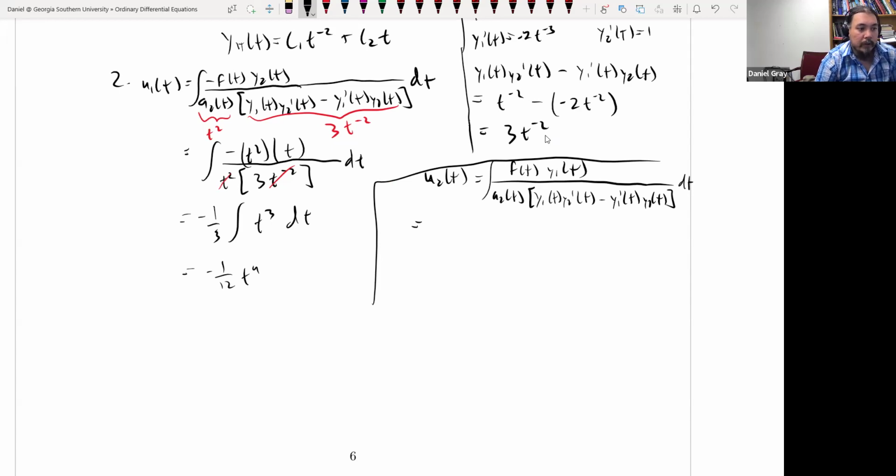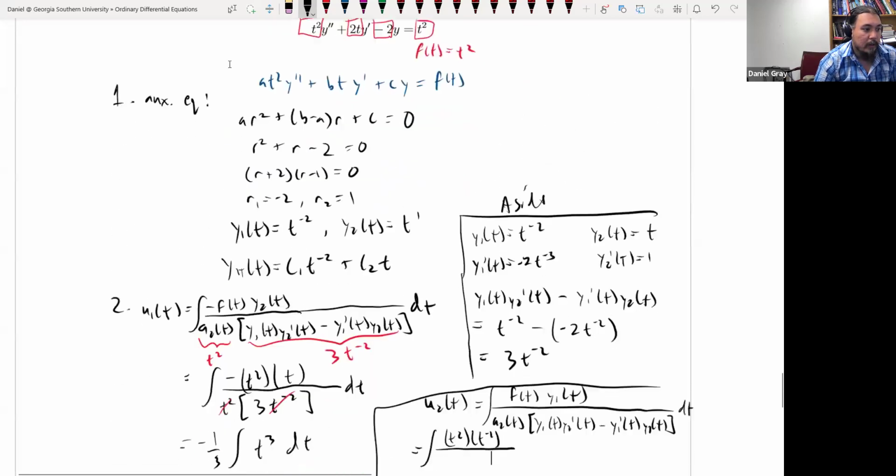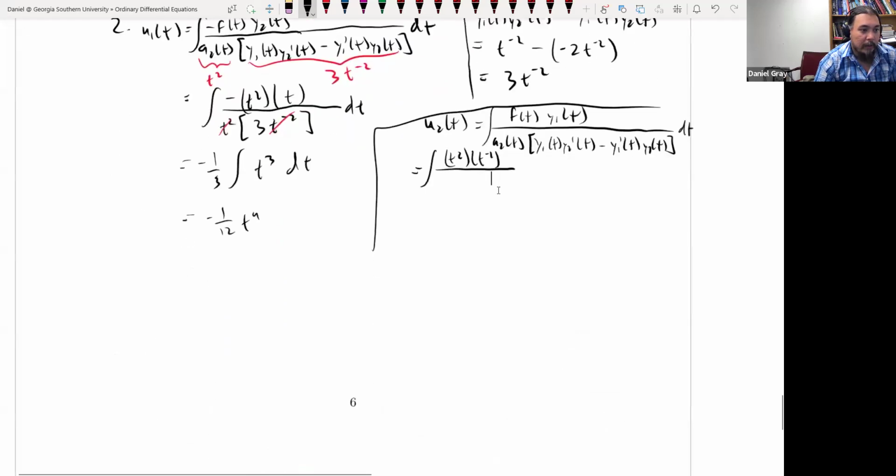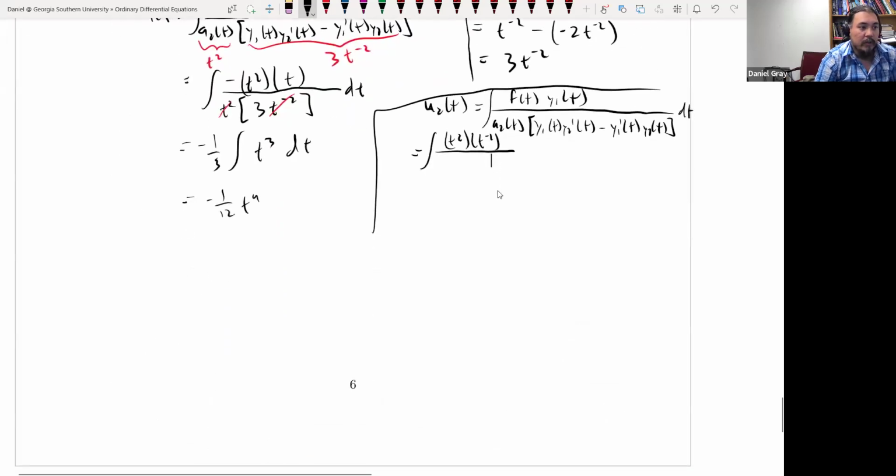So our u2 of t is going to be the integral. Our f of t was t squared. Our y1 of t was t to the negative second power, I believe. Let me just double check that. Yeah, t to the negative second power. Over a2 of t, so that was going to be a t squared. And then this in the parentheses over here was a 3t to the negative second.